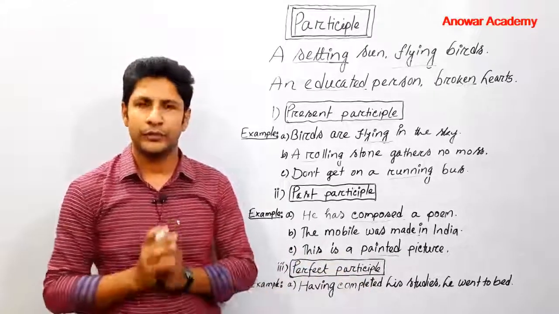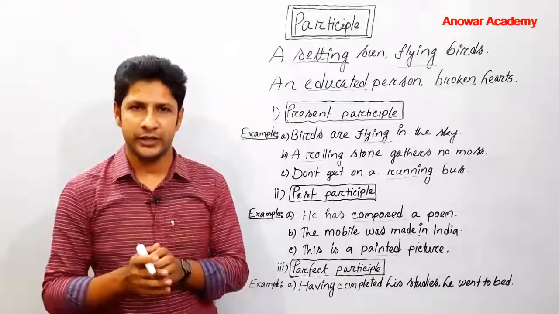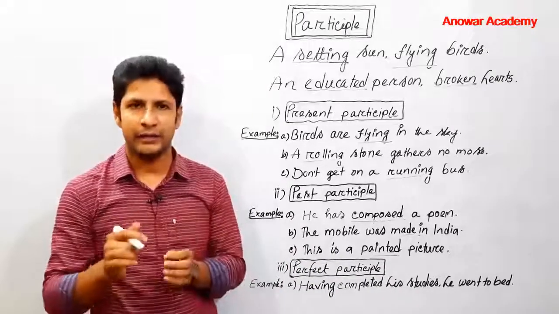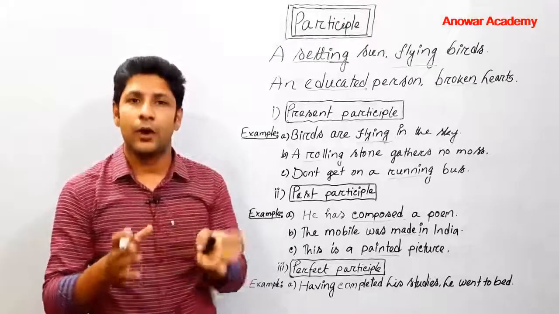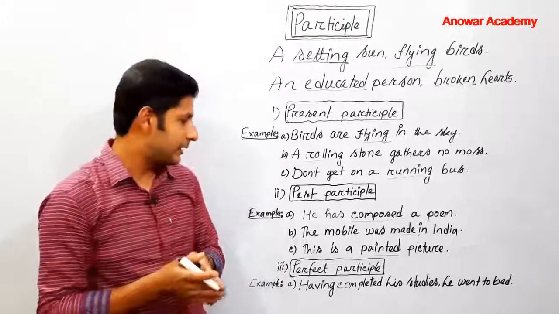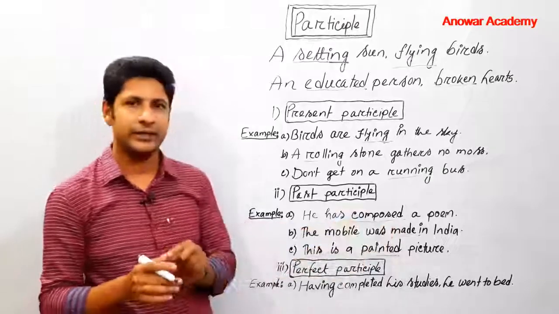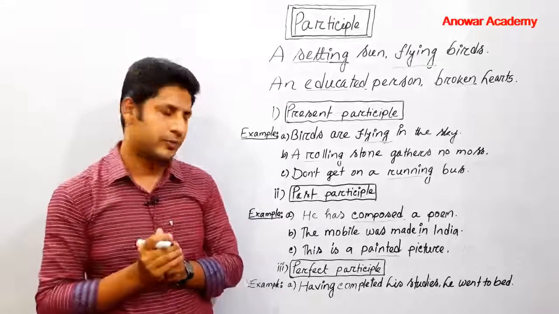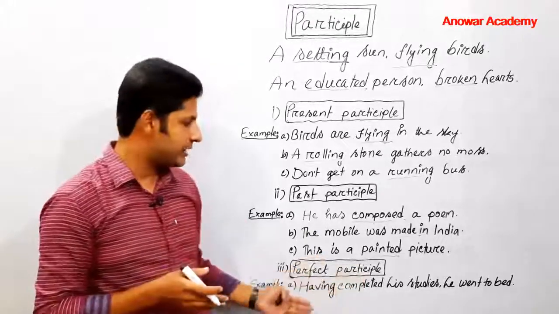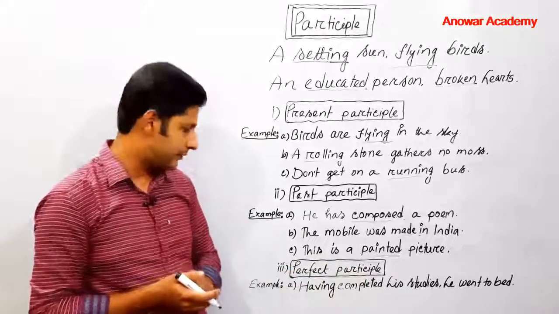You know, perfect participle is created by adding having to the past participle of verb. It appears like having plus past participle of the verb. Let's now see an example of perfect participle.